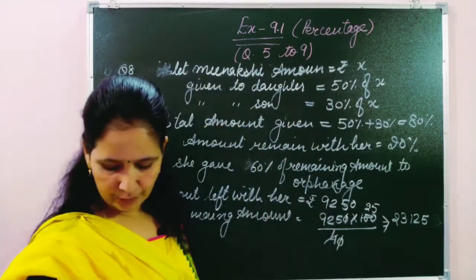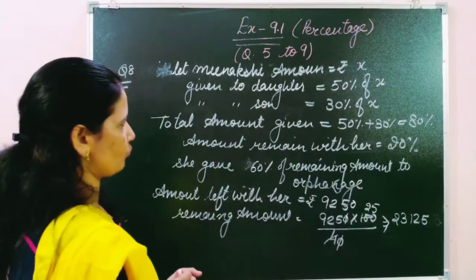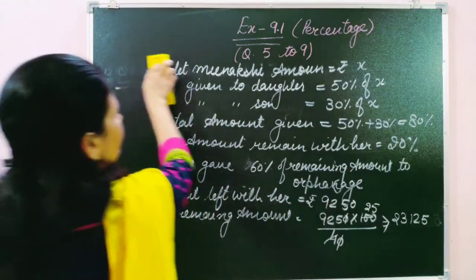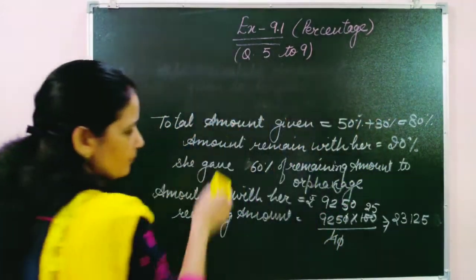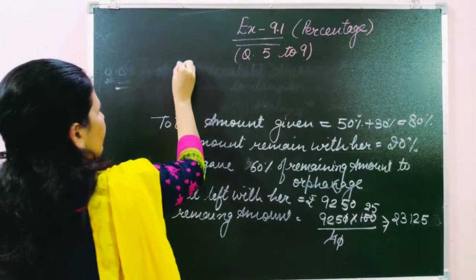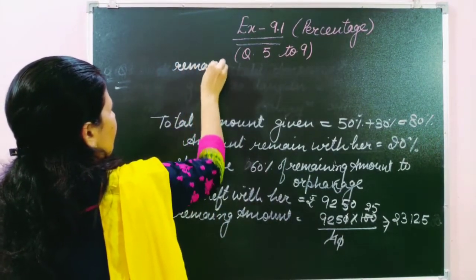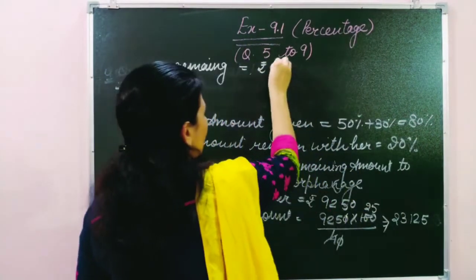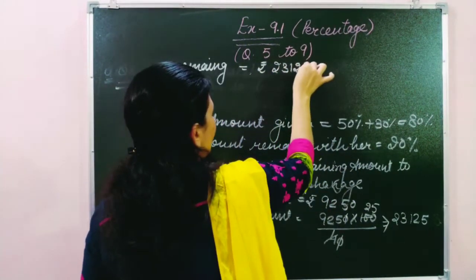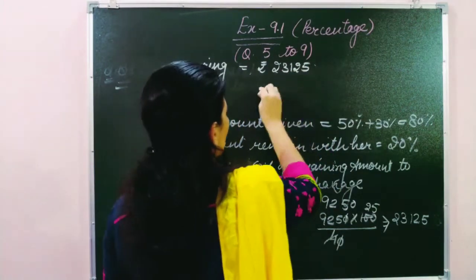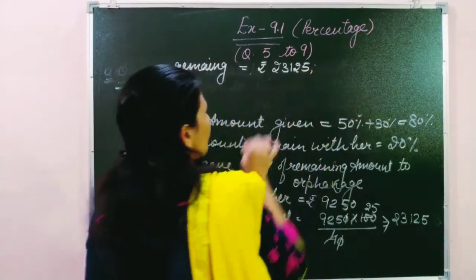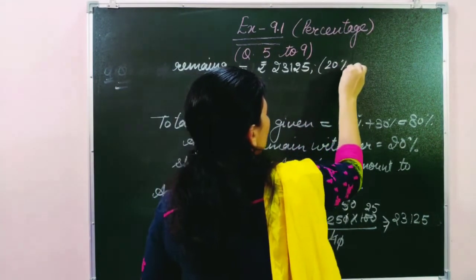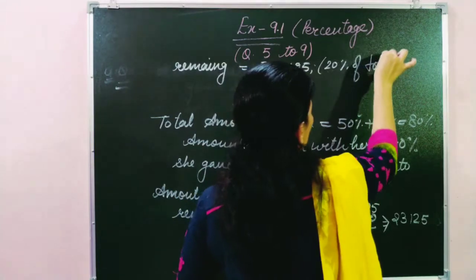Okay, now from here we have to find the total amount. So to find the total amount, students, let's see. Remaining is rupees 23,125. This amount is 20% of the total.